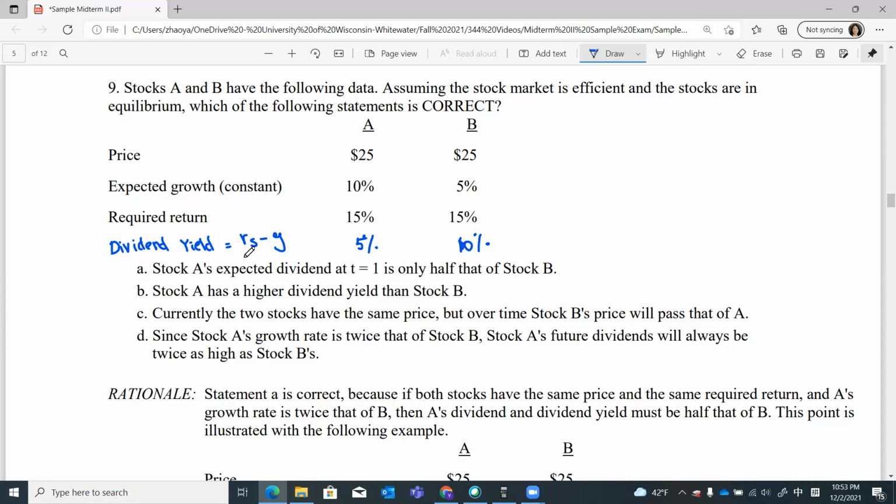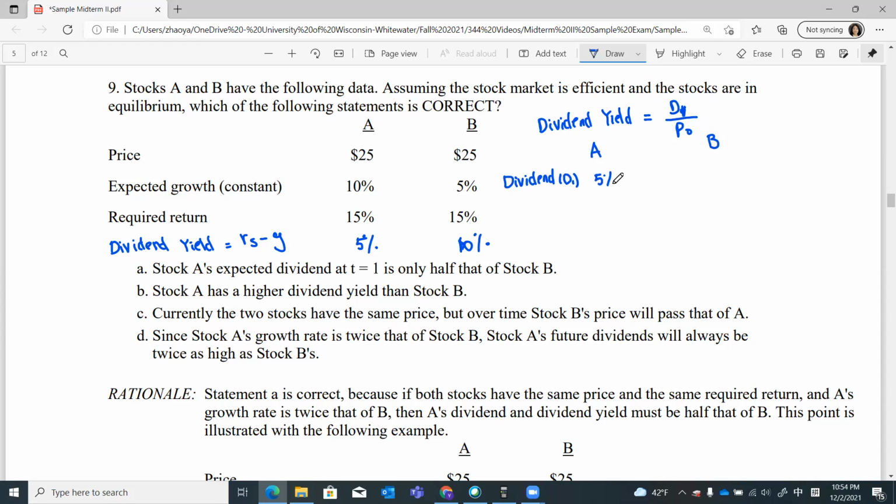And the dividend yield equals to D1 divided by P0. So for stock A and B, we can also calculate the dividend. Dividend for A, which is D1, equals to dividend yield times P0.